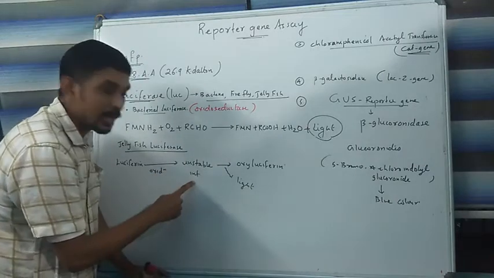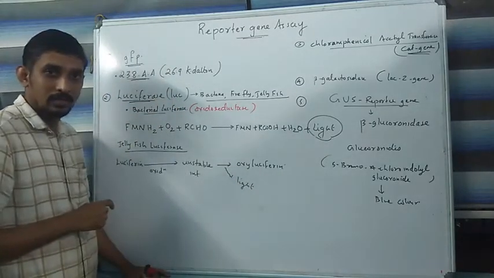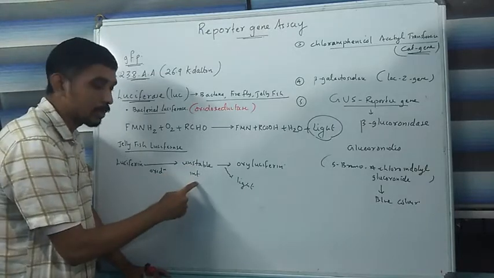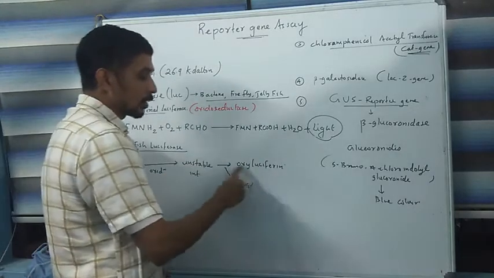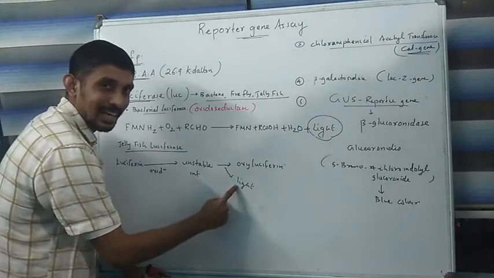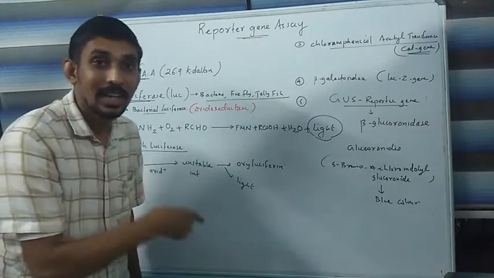That unstable intermediate is then converted into oxyluciferin, releasing light which can be visualized with the naked eye.